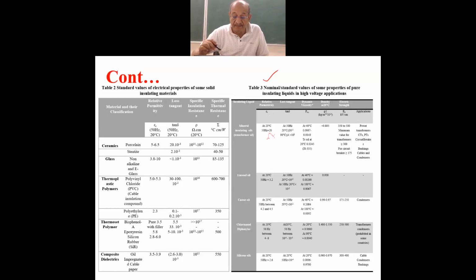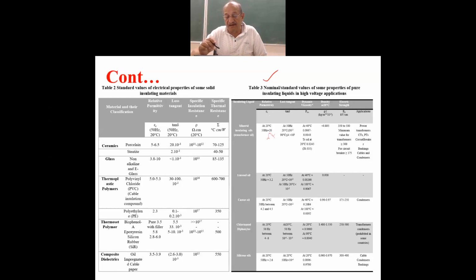And similarly, the standard value of tan delta when measured with the help of the cell we talked about, of different insulating materials. Then we have other parameters, as you can see here.